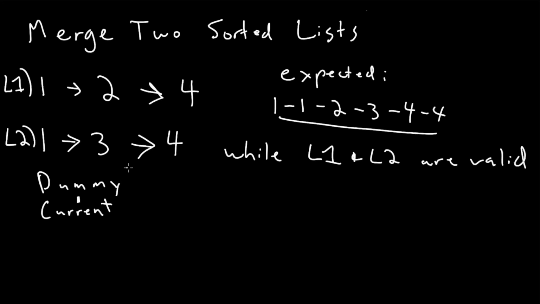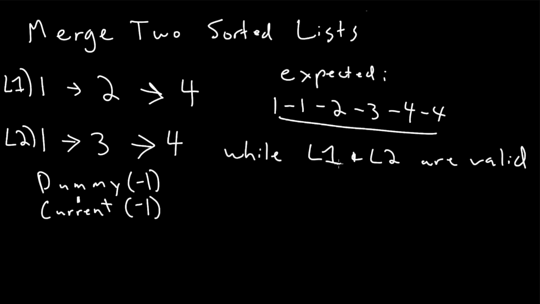The dummy pointer is actually going to start off at -1, and this is just going to be a node, and the current pointer is also going to start off by pointing to -1, or the current dummy pointer.